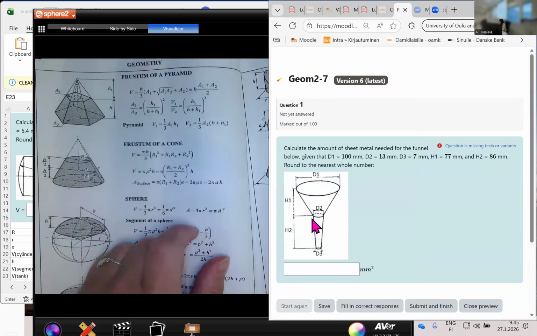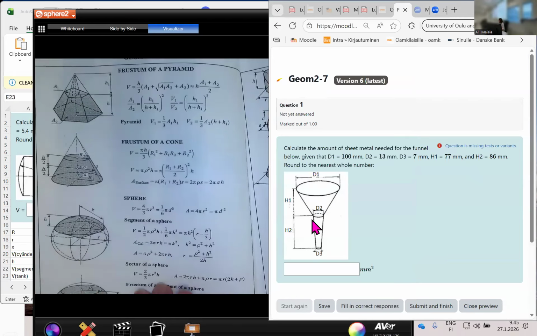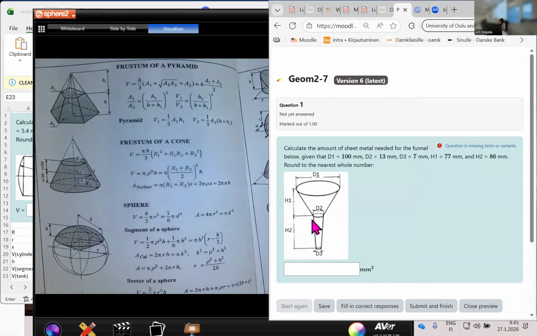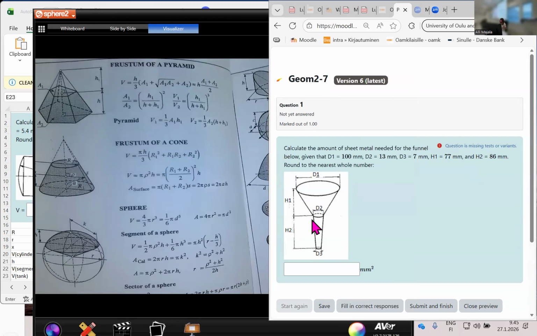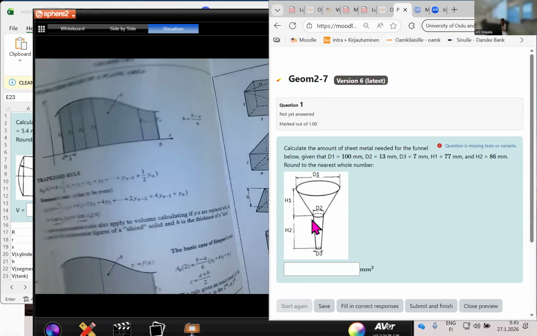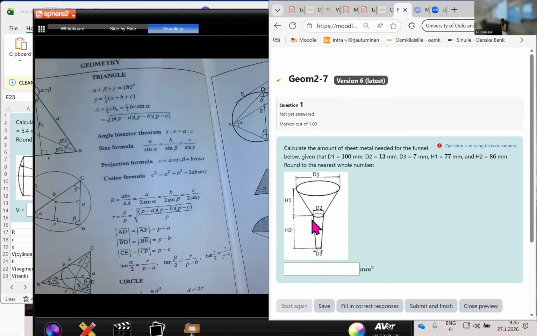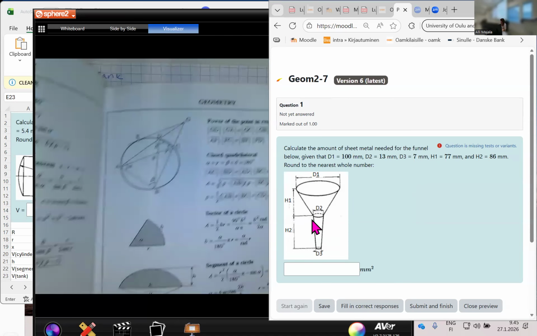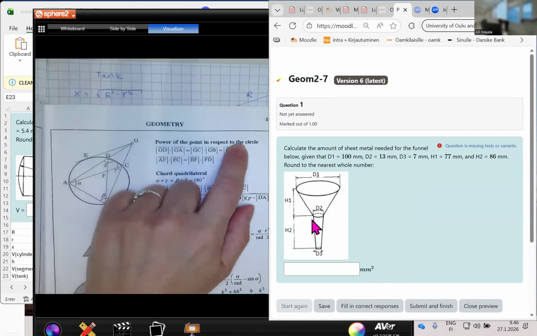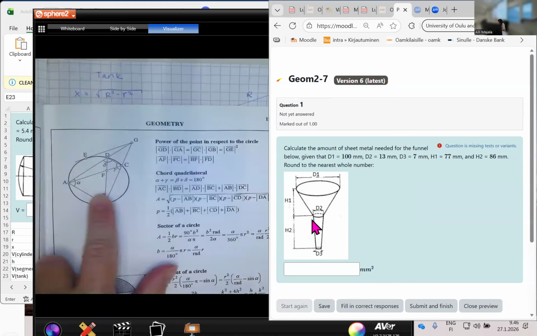Could you show me the best? Just circle. Yeah, that's super easy. It's this equation here, power of the point in respect to the circle.